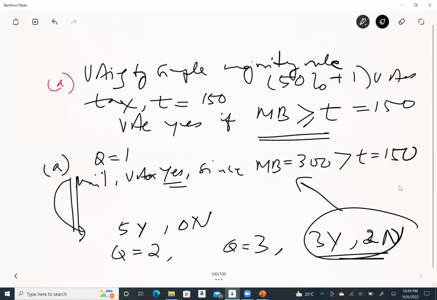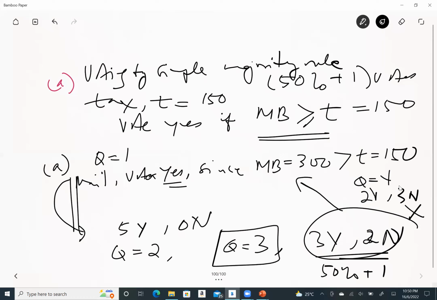So that is 50% plus 1. At Q equal to 4, you lose already. At Q equal to 4, you'll see here 2 yes, 3 no. So that one you lose. So Q equal to 3 is our equilibrium by simple majority rule. Okay, so that is our answer, Q equal to 3.